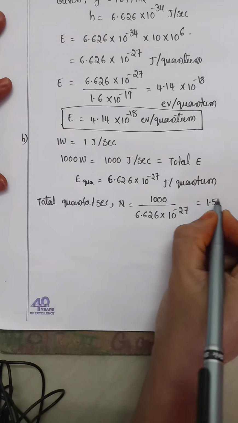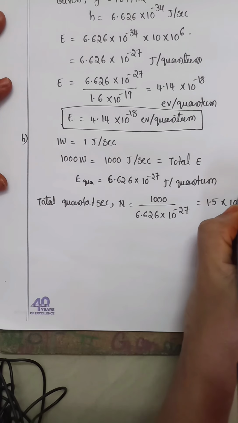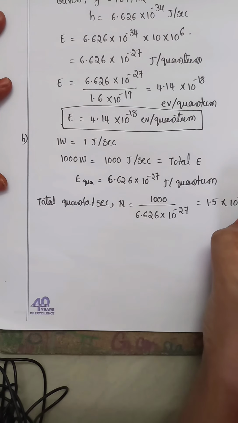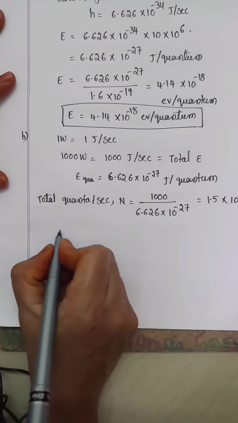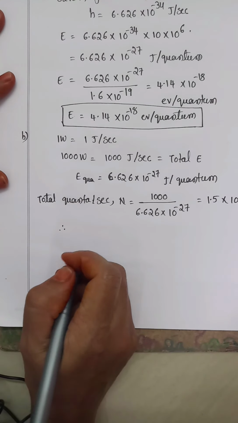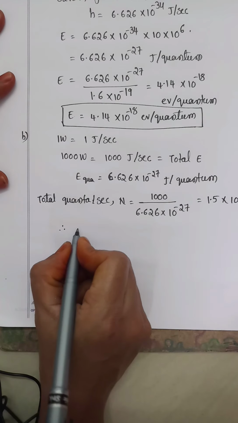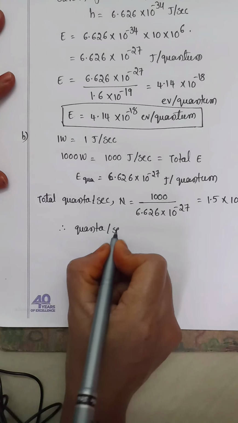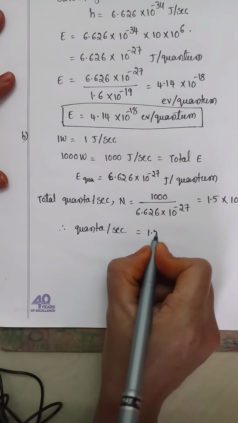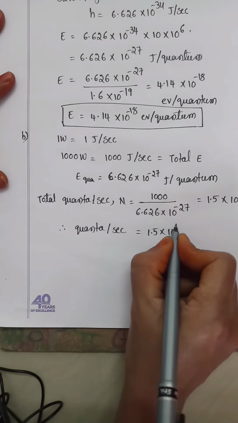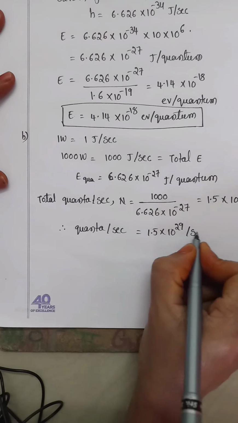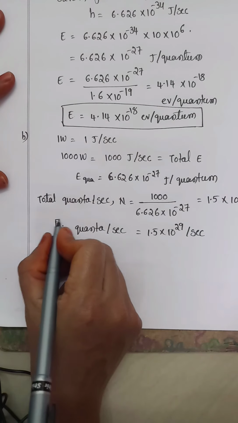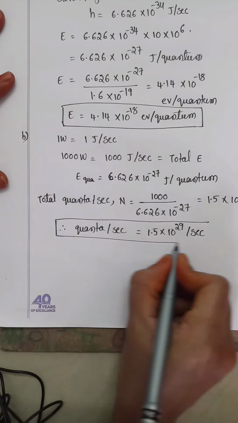That is equal to 1.5 into 10 to the power of 29 per second. This is the quanta emitted per second. Therefore, the quanta emitted per second is 1.5 into 10 to the power of 29. One more task is also completed.